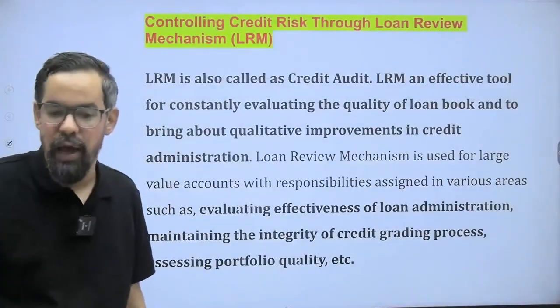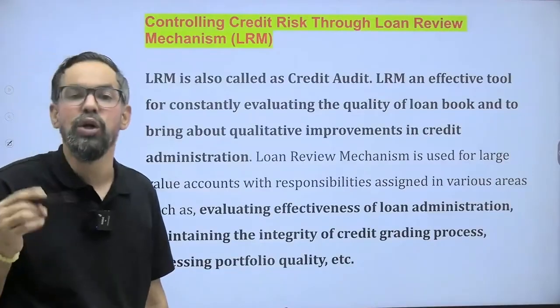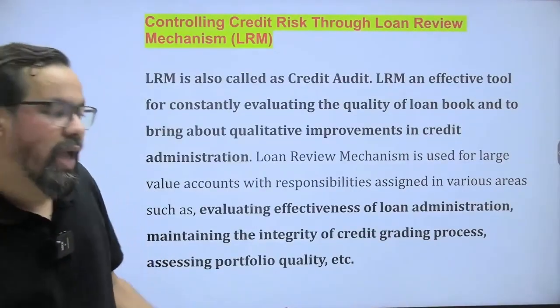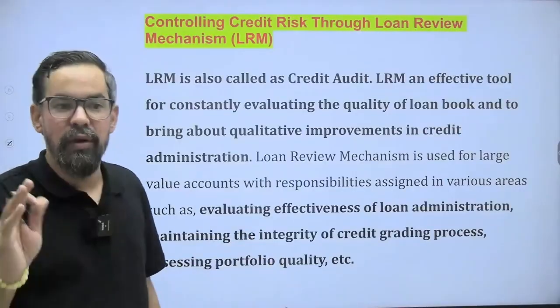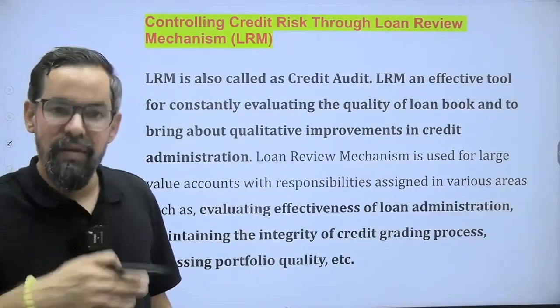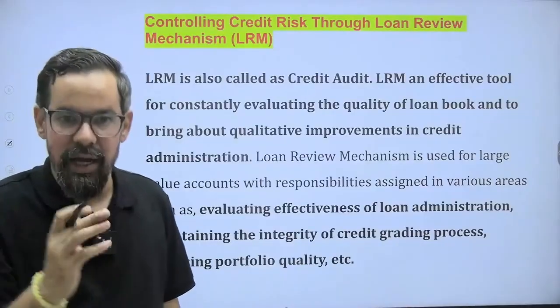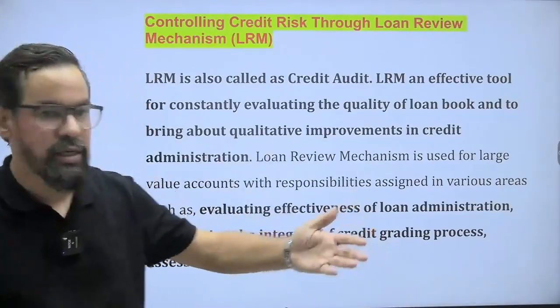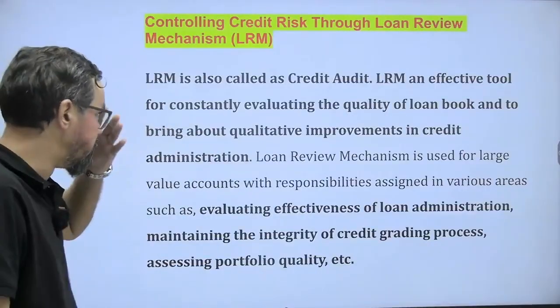LRM also, I hope everybody knows about this one. Loan review mechanism, and it is mandatory above 5 crore rupees. Other than that, we also randomly check around 5 to 10% of the credits or assets, and we do analysis of the existing assets and all, right?